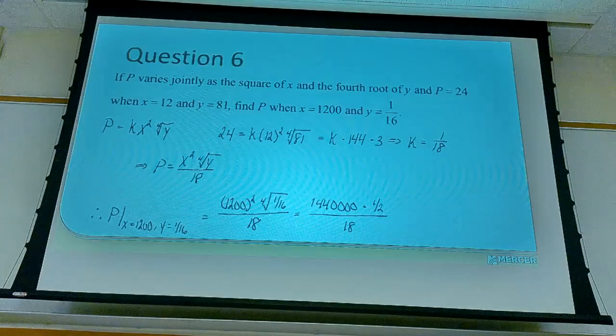This one's fun. So you could do half of 1,440,000, or you could just do half of 144, followed by 4 zeros. Yeah, could do that. So it's half of 144.